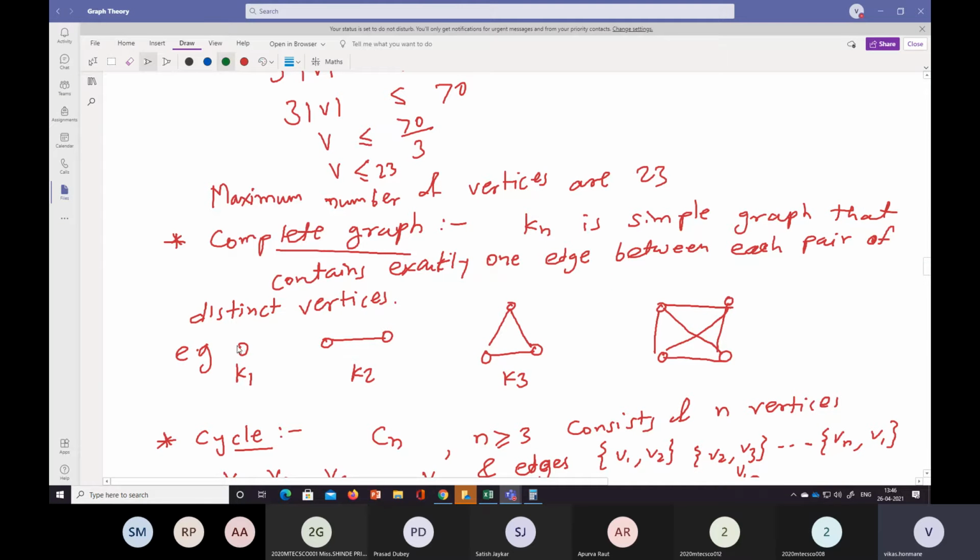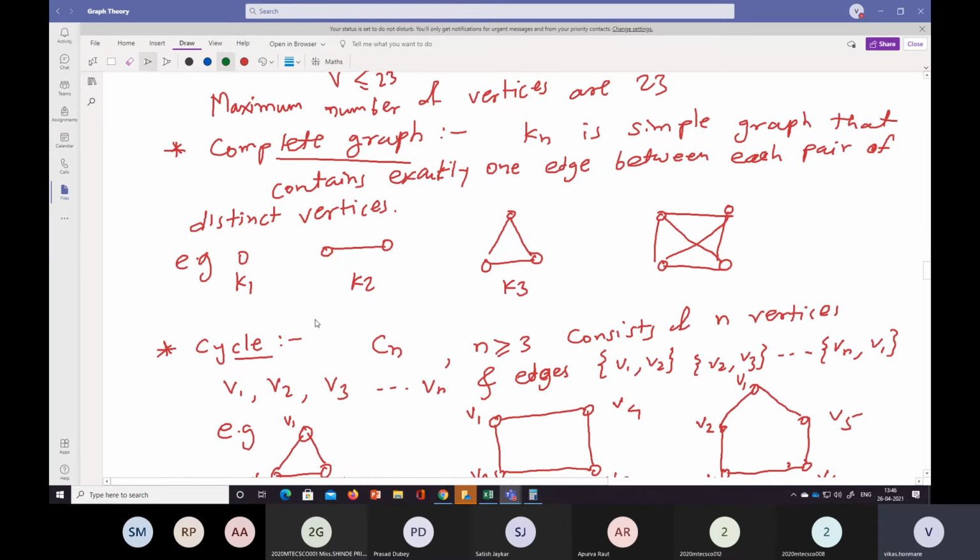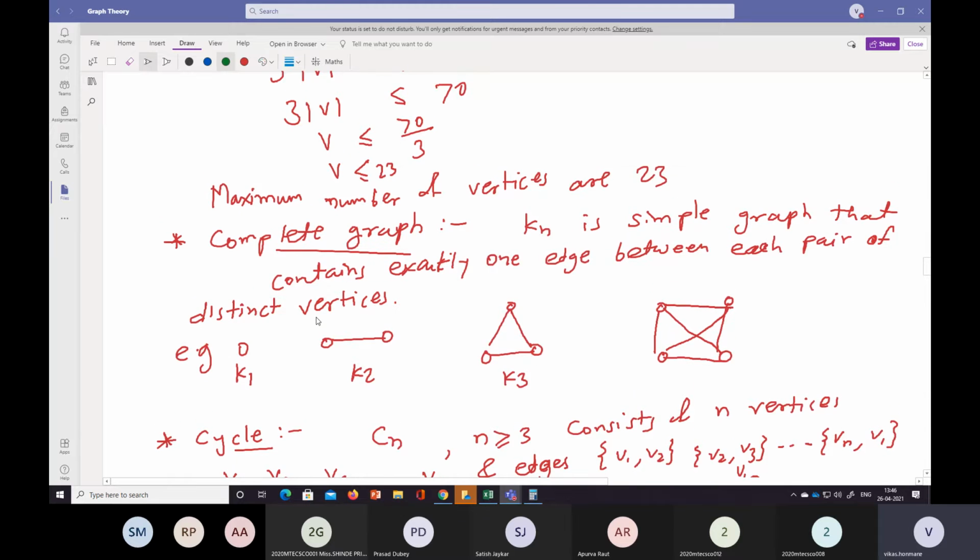A single vertex with no edge is K1. Two vertices with one edge is K2. Three vertices is K3, and four vertices have six edges.